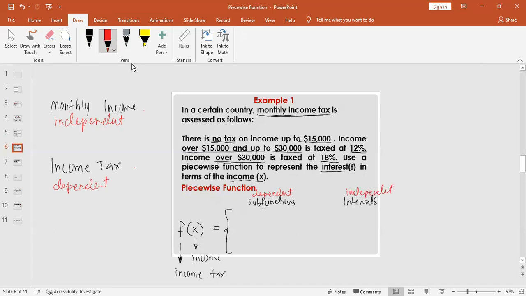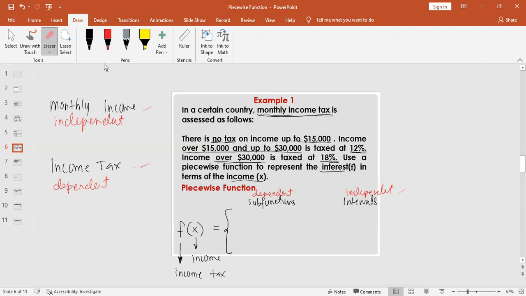Ibig sabihin, magbe-base ka sa mga income tax para makagawa ka ng subfunctions. Okay? And para makagawa ka naman ng intervals, magbe-base ka sa independent variable, which is the monthly income. So, ibig sabihin, wala kang ilalagay na monthly income dito. Kasi ang ilalagay lang natin dito sa subfunctions ay yung dependent, which is income tax. Okay? So, I hope it's clear to you.